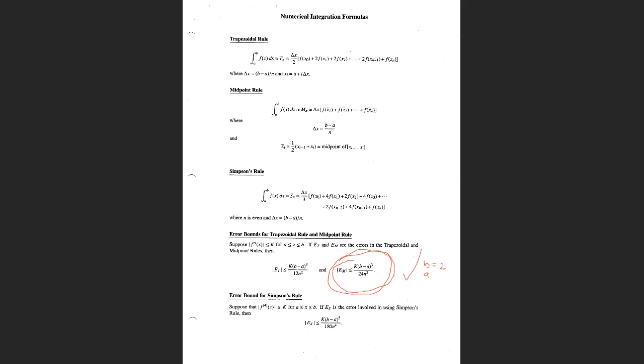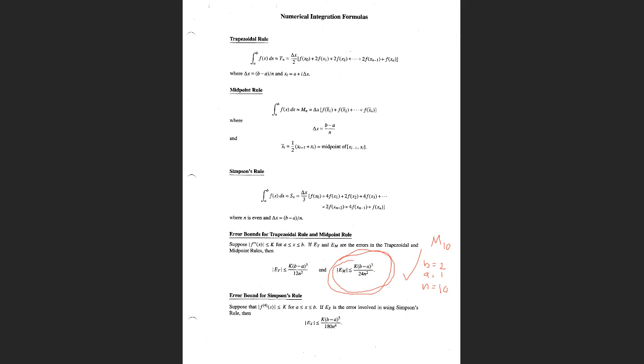What's a equal to? 1. Good. Your upper and lower limits. What's n equal to? 10. That's right, Maria. Because we're doing a midpoint rule approximation with 10 subintervals.